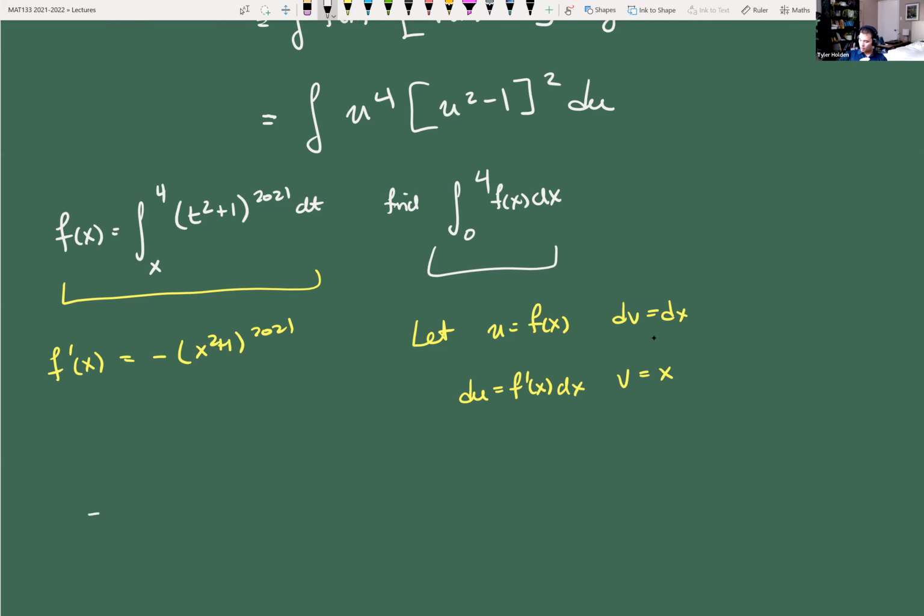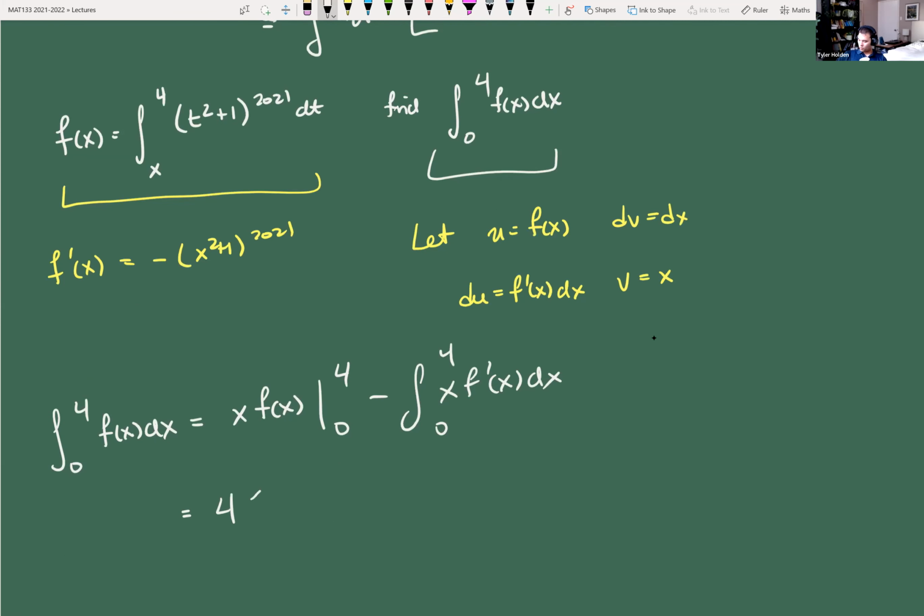So if I do this by parts, what am I going to get? I'm going to get the integral from 0 to 4 of f of x dx is uv, so it's going to be x f of x from 0 to 4 minus the integral of v du. So that's x f prime of x dx from 0 to 4.